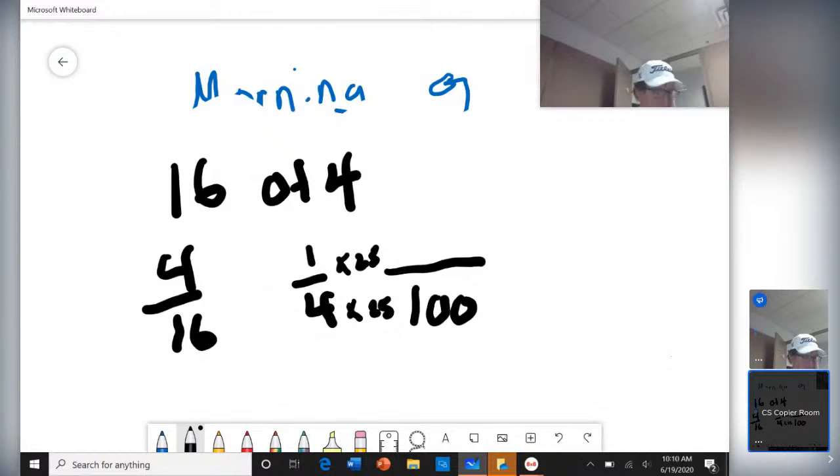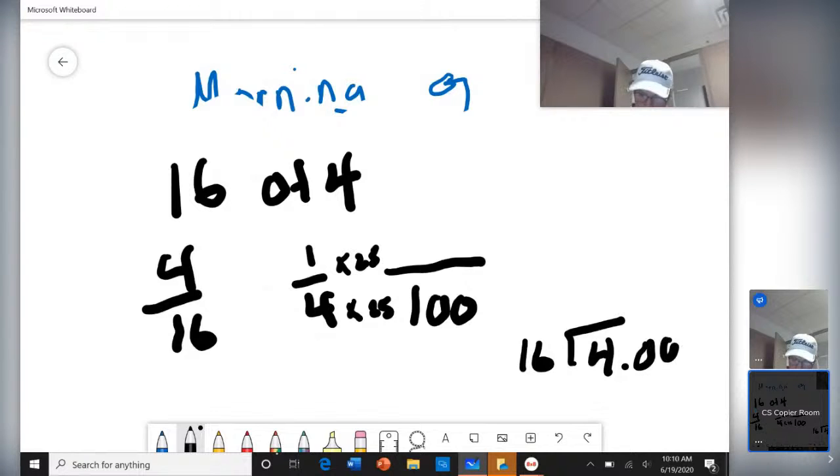Or, if you want, you can divide 16 into the 4. And that's going to give you 25. And that's going to be 25%. So those are pretty much the 2 ways that you can find a percentage.